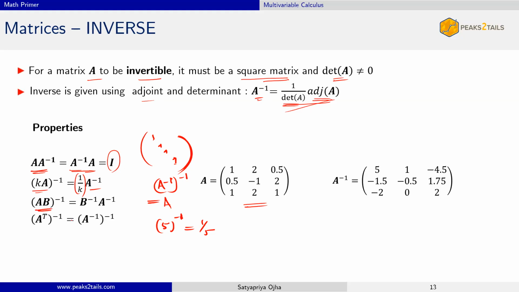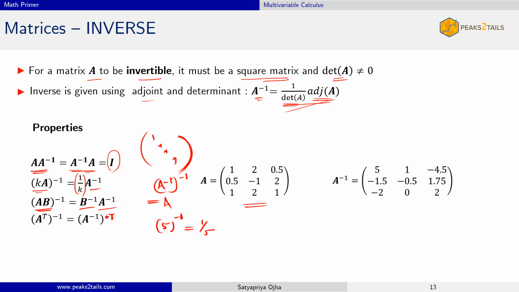AB whole inverse is B inverse A inverse, similar to the transpose operation. Please remember the order changes. B inverse A inverse. There is a typo here. This should be transpose. A transpose whole inverse is A inverse whole transpose. I will correct this and share with you.